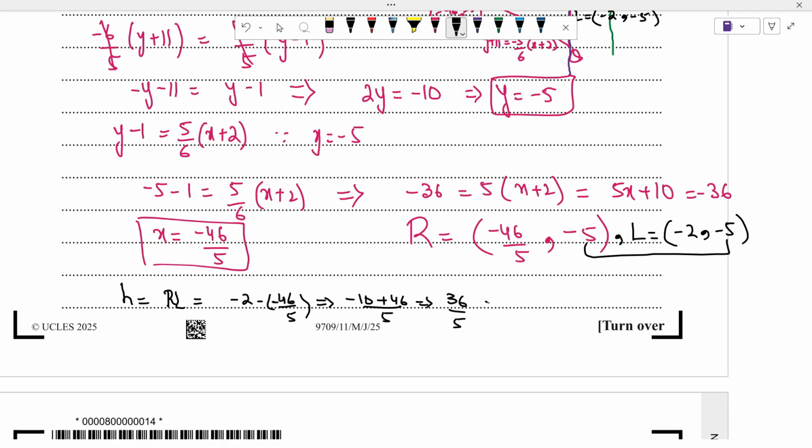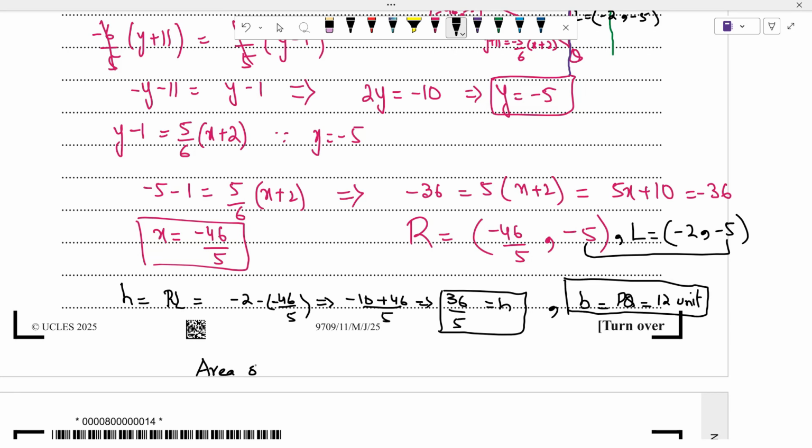So we have the height, which is 36 over 5, and we also have the base PQ, which is 12 units. Now the area of the triangle is 1 over 2 times base times height, which is 1 over 2 times 36 over 5 times 12.